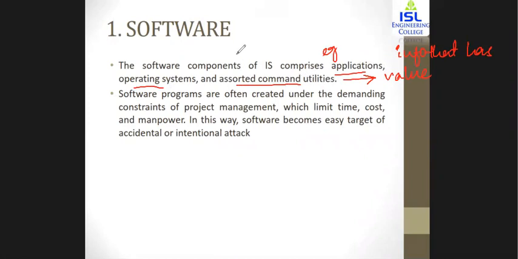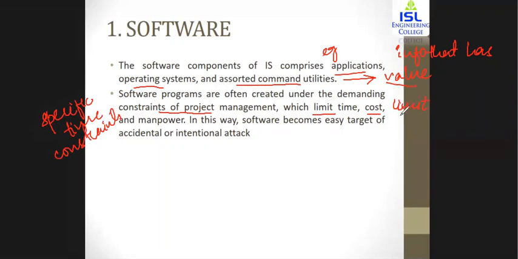So in here, within the software, any types of commands can also be your software. Now within the software program, these software programs are often created under some demanding constraints of project management. That is, within some specific time given to develop a particular application, some specific time constraints are given, and sometimes you might also have a limit on the cost.